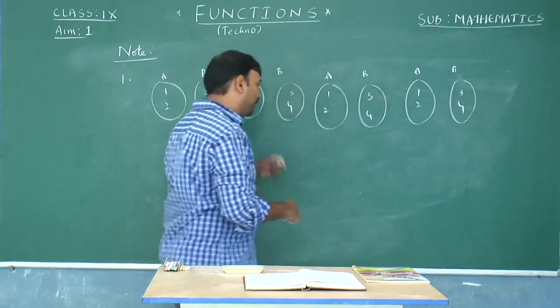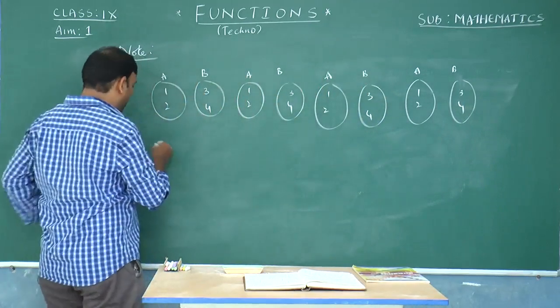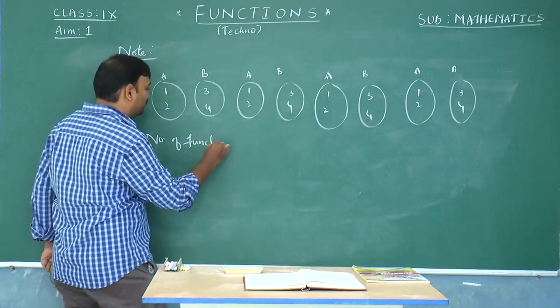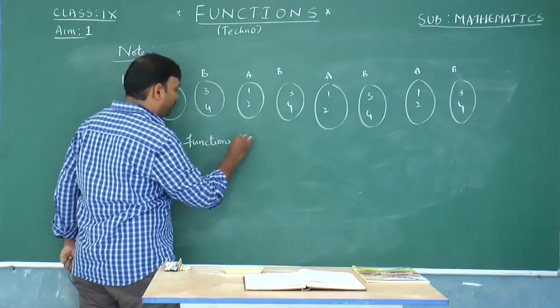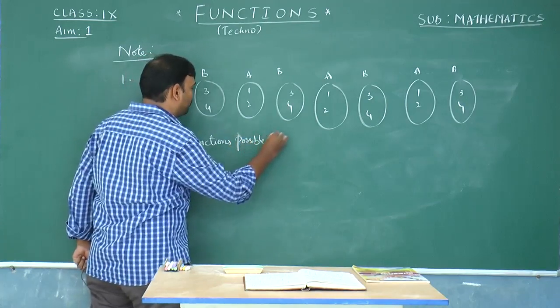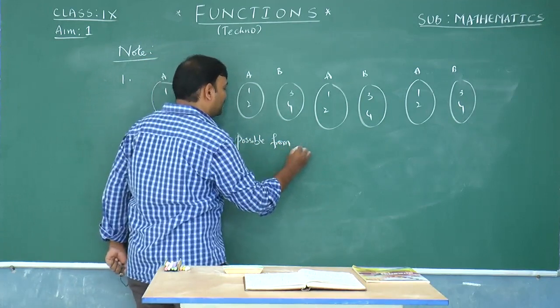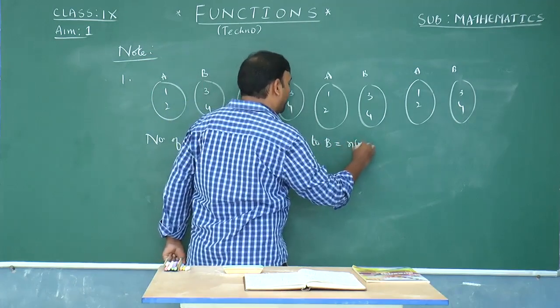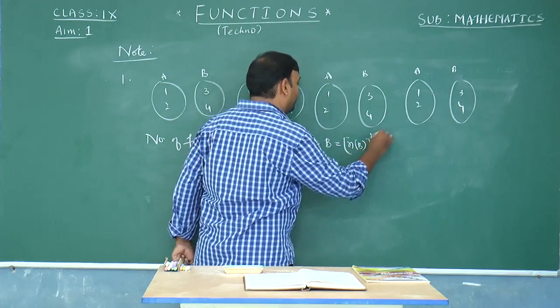Observe carefully, the number of functions possible from set A to set B is given by n(B) to the power of n(A).